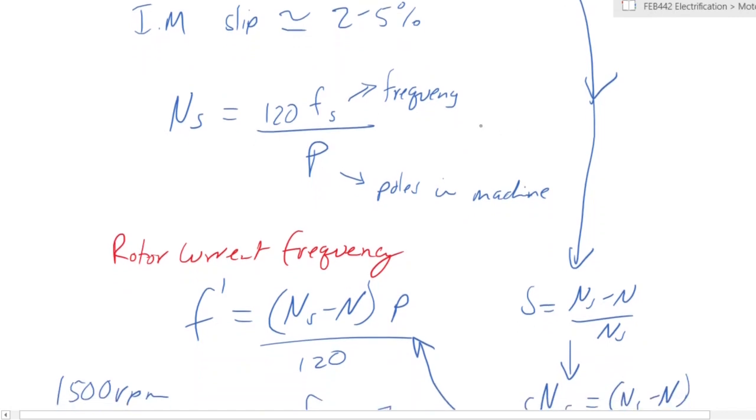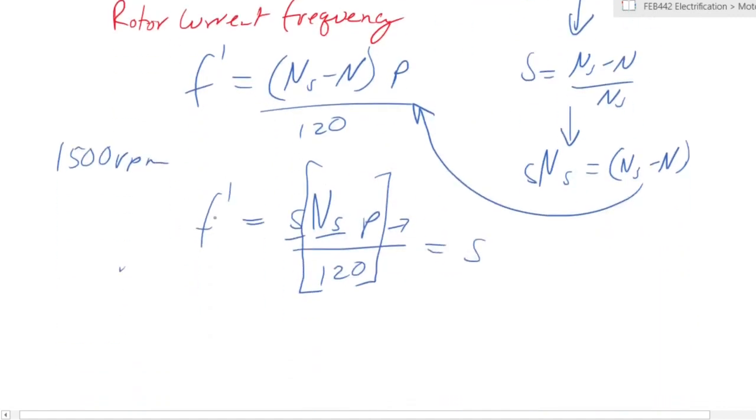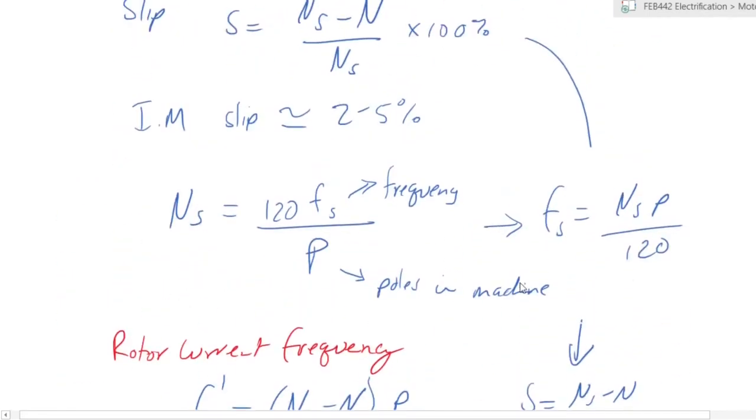Because you can rearrange that to be Fs is equal to ns times P over 120, which in turn is what you're seeing here. So the rotor frequency is S times the frequency of your supply, okay?